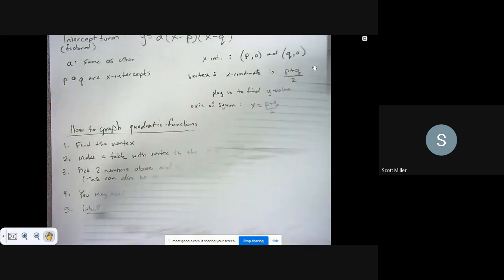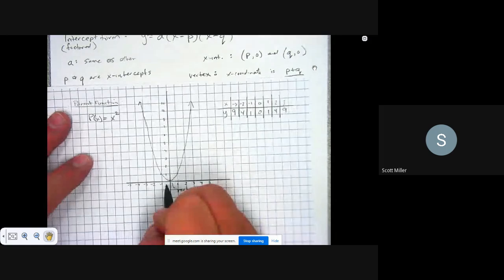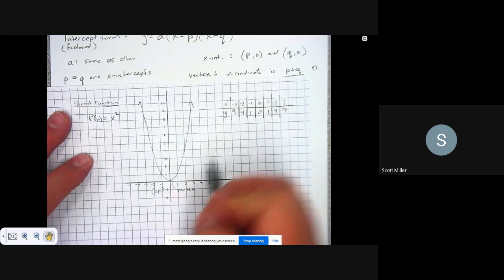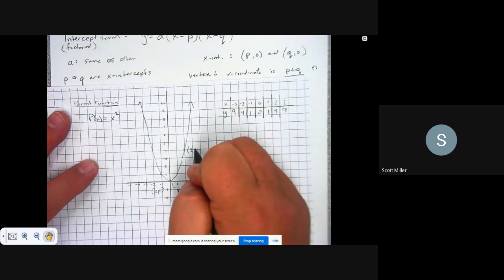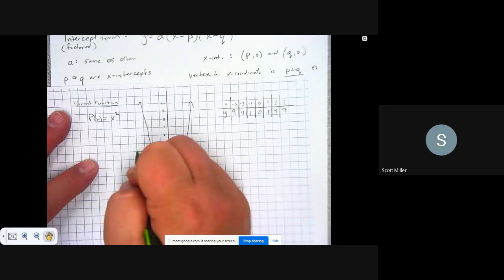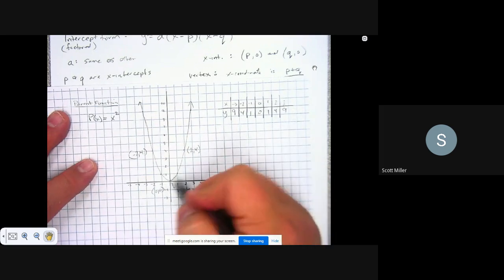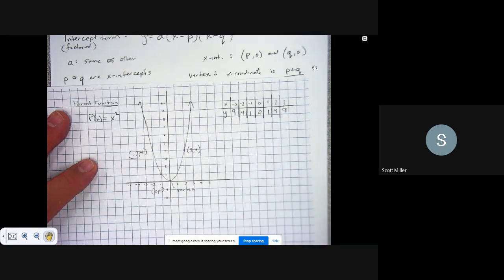So in the parent function, I can label the vertex as 0, 0. I can label this point 2, 4. I can label this point over here if I want, or any one of these points over here, -2, 4. And that's the vertex labeled, and 1 point on each side of the vertex labeled.